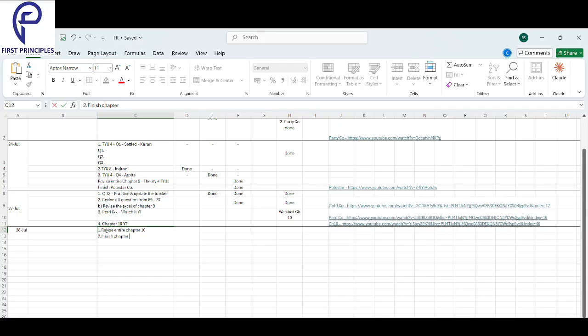If not, please finish it. And once you revise chapter 9 and all the TYUs of it and the exam kit questions that we had done yesterday, please revise chapter 9 because you've just done it, right? It's fresh in your mind. So it's a good time to revise. So revise entire chapter 9, chapter 10, and along with that, we'll do one sum here.